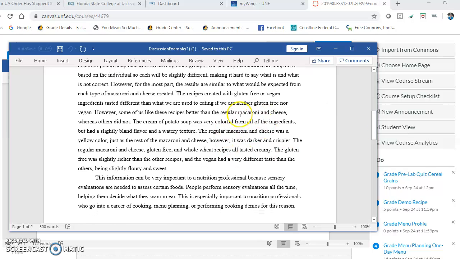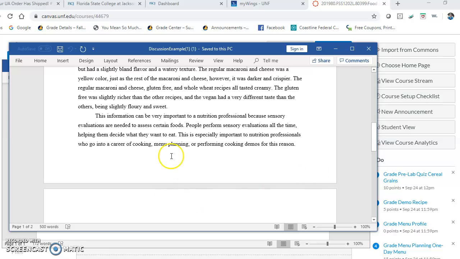They also mentioned the recipes. Yes, the recipes are sensory evaluation. You can tell me how they tasted, the texture, the appearance.